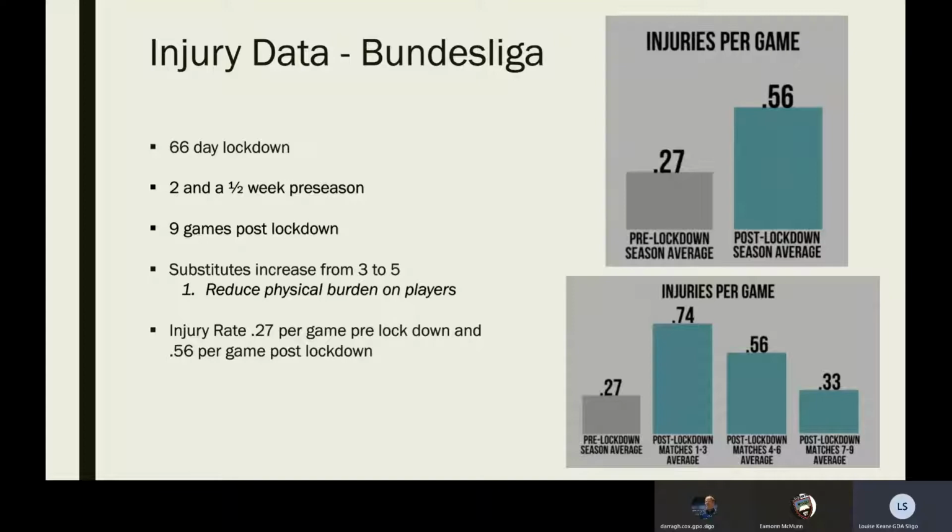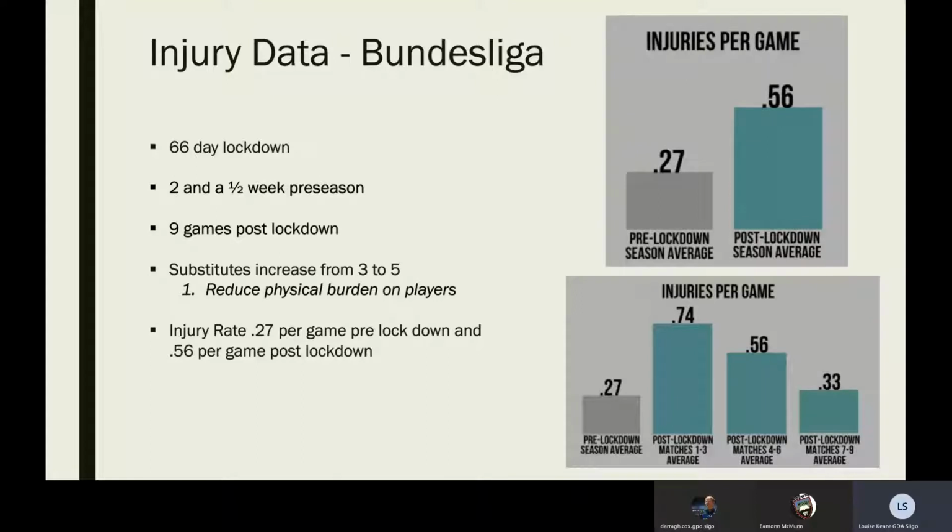From 0.27 injuries last year, within the first 3 matches there was an increase to 0.74 injuries per game. Then that started to slow down over the weeks: from match 4 to 6, dropping to 0.56, and from match 7 to 9, dropping to 0.33, which is closer to what it was last year.